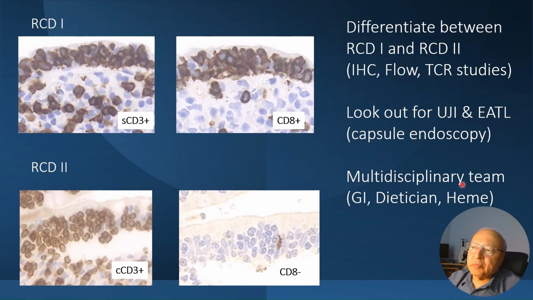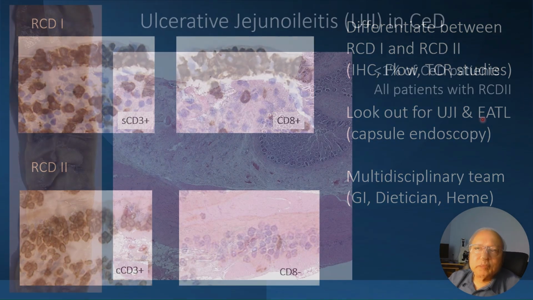So a multidisciplinary team may need to get involved: a gastroenterologist who is very familiar with these advanced conditions in refractory celiac disease, a dietitian who ensures that there is no continued exposure to gluten, and the heme team for developing lymphoma in RCD type 2.